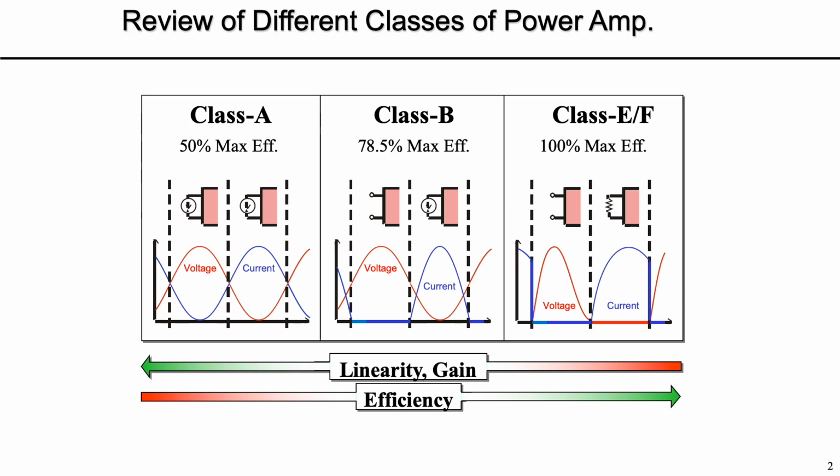And then, as we saw before, you can go to class B, where you basically turn the transistor on for half of the cycle. So your current is on for half of the cycle while the voltage is going through. You presumably have two transistors that provide this, or a resonance circuit that captures the energy during the time where the transistor is on, and through its resonance behavior produces a voltage that's mostly sinusoidal.